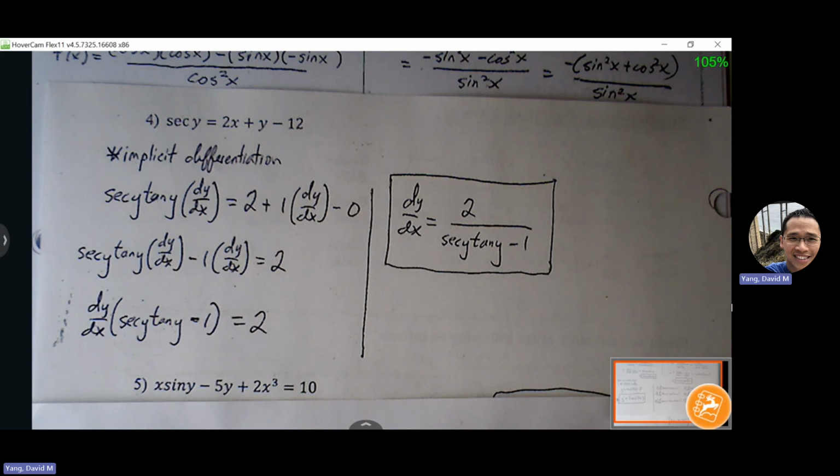Okay, number 5, what do you see? Implicit. So this one does have product rule, that x times sine y means it.